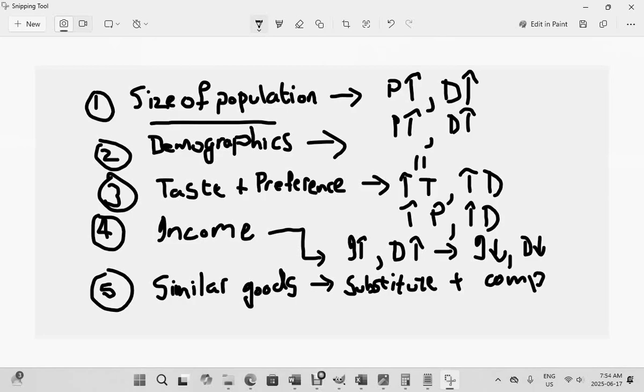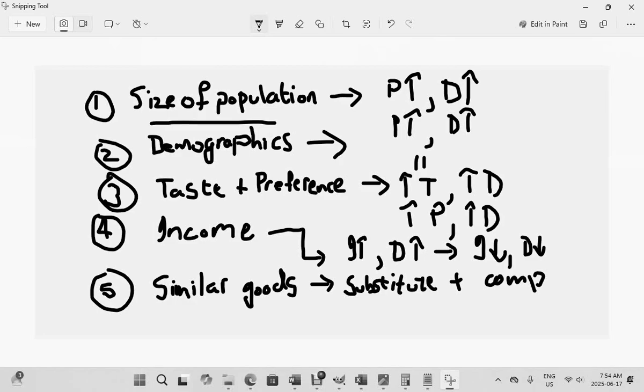One such example would be soda drinks. If you have a soda drink that tastes the same, that looks the same, and there's not much of a difference apart from things like the price, we know that if the price of your good goes up, the substitute products will be able to sell more.